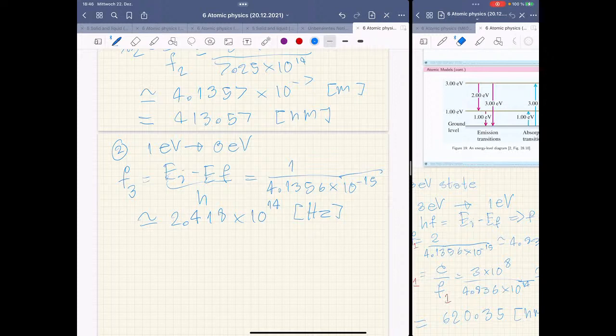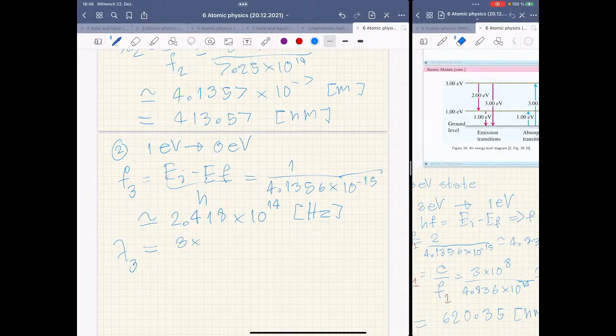And lambda 3 will be the wavelength of this emitted photon.